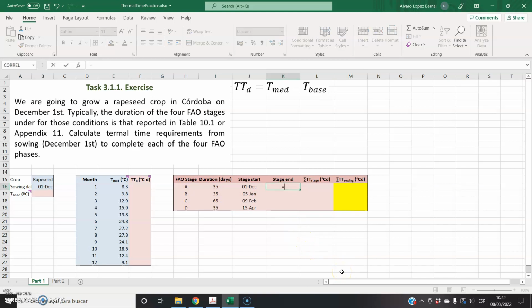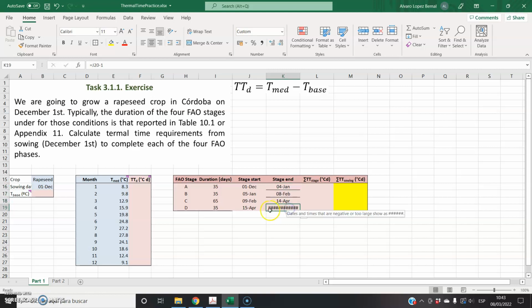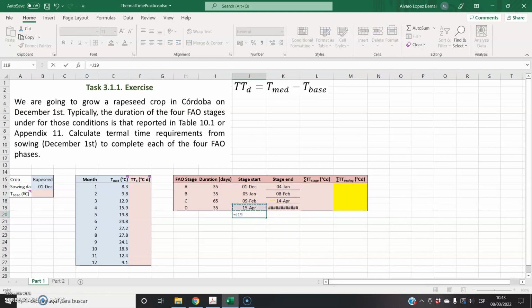The end of each stage will be the day before the start of the following stage. So our growing cycle will finish, in typical years, around the 19th of May.